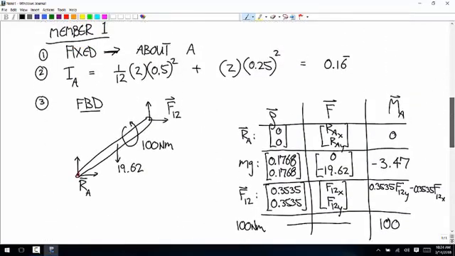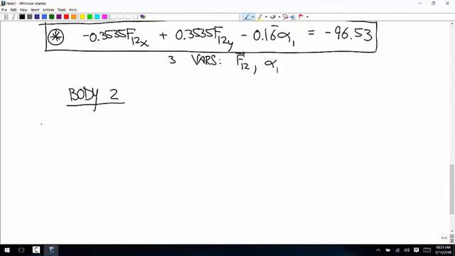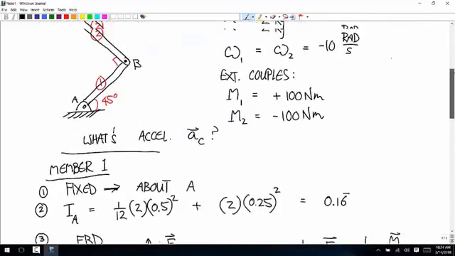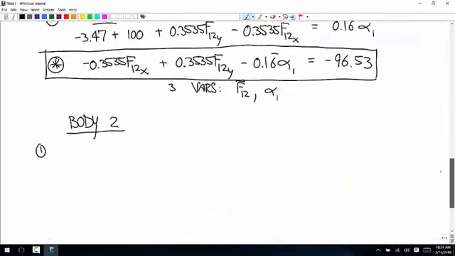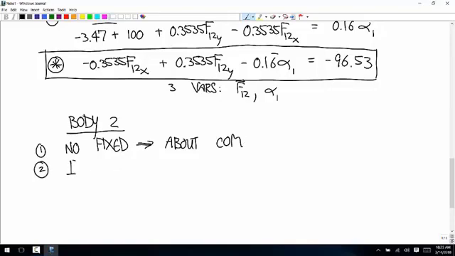So now body 2. Does this one have a fixed point? Nope. So the about point is going to be the center of mass. The mass moment of inertia about the center of mass is just 1/12 times the mass times the length squared.